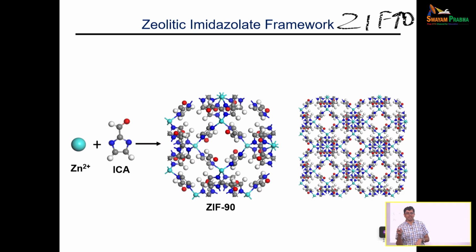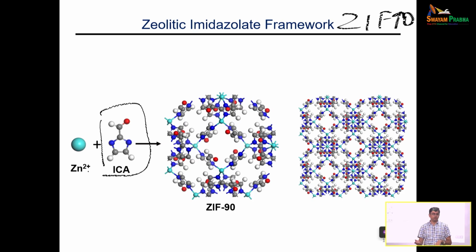It has a zeolite like structure, so that's why it's called zeolitic imidazolate framework, and the linker that is used is based on imidazole, which is one of the organic molecules, and this is imidazole carboxaldehyde, and that's why it's called ICA. You have a CHO group here, and the rest of it is basically the imidazole backbone.